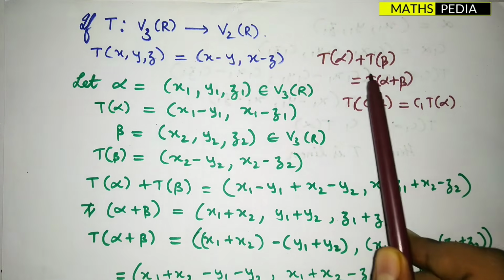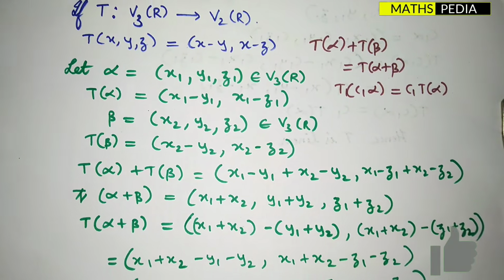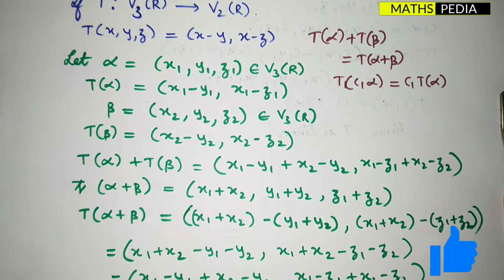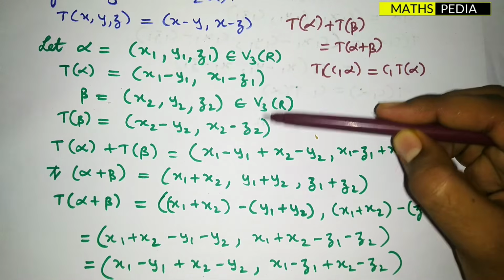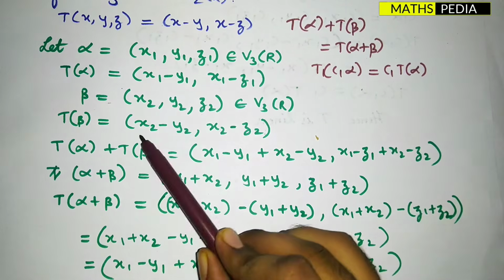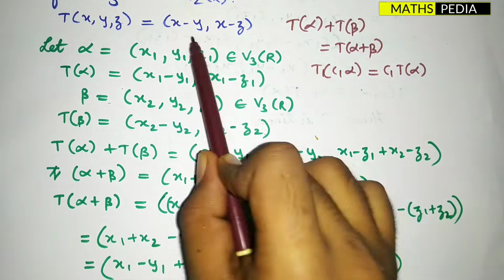Then we have to take T of alpha plus T of beta, so just add both. T of beta is the same thing, just replace with x2, y2 and z2.